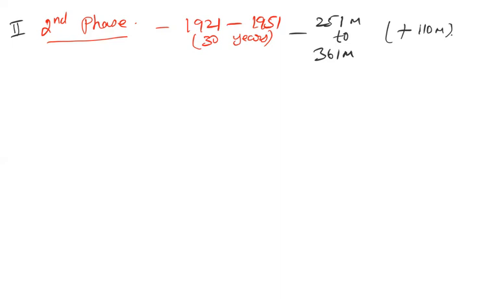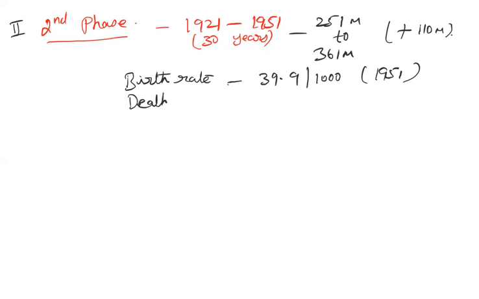So during this period, the birth rate of the country, which in 1921 was 49.2 per thousand, decreased to 39.9 per thousand. As I mentioned, this is the last year, 1951.